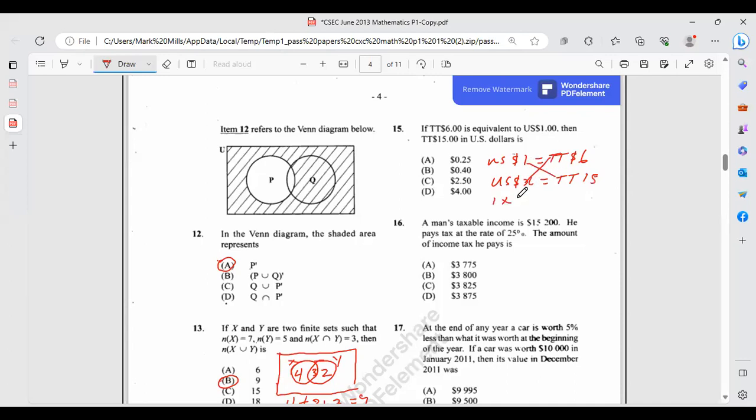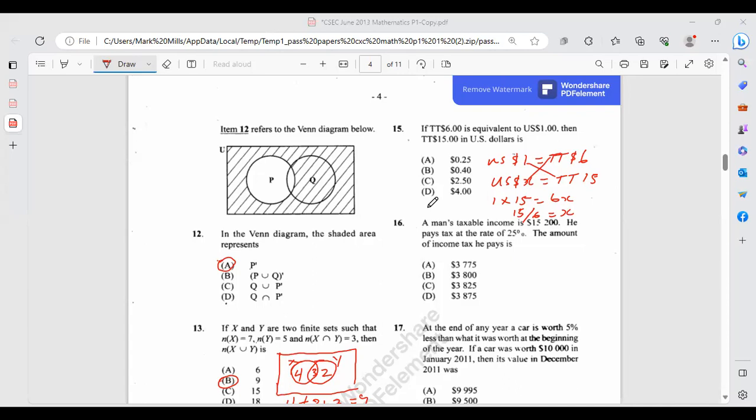We get 1 times 15 is equal to 6x. So 15 divided by 6 is equal to x. Now, 15 divided by 6 gives $2.50. So the answer is C.